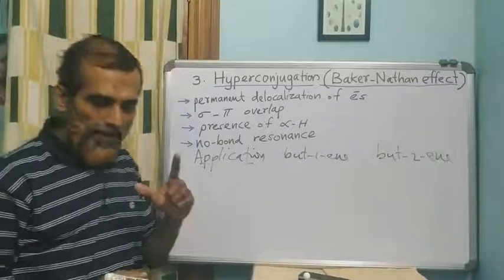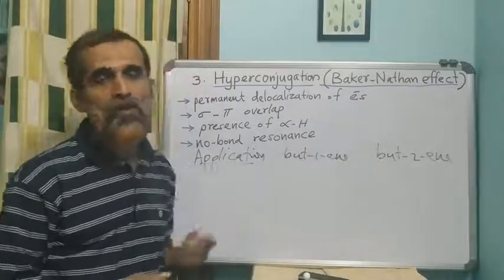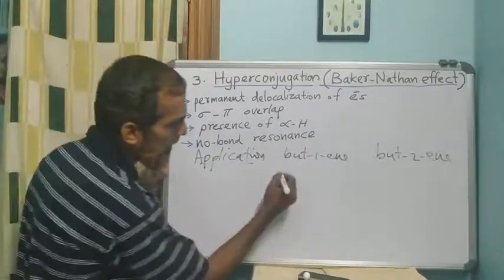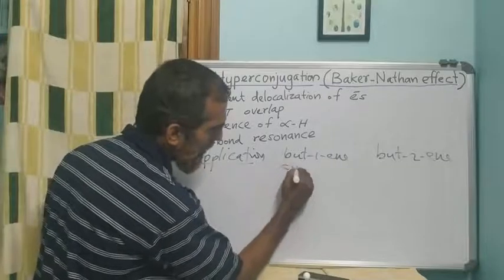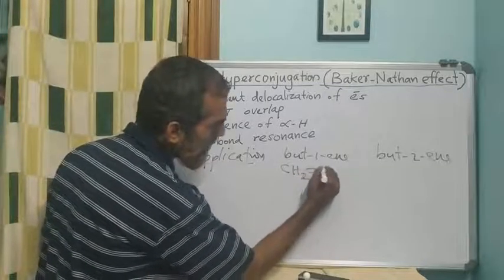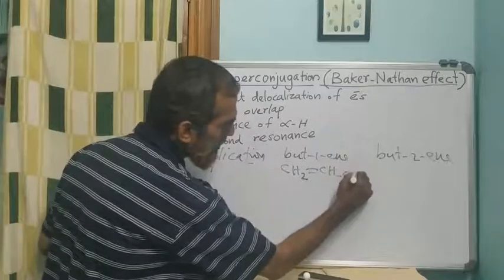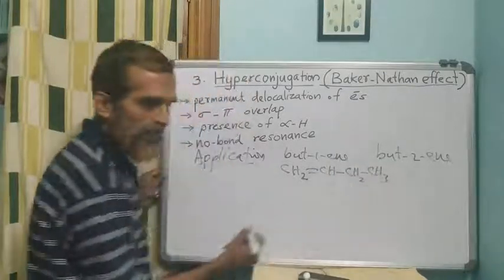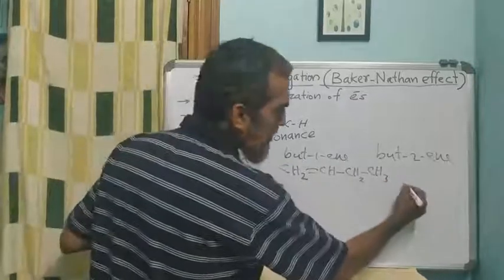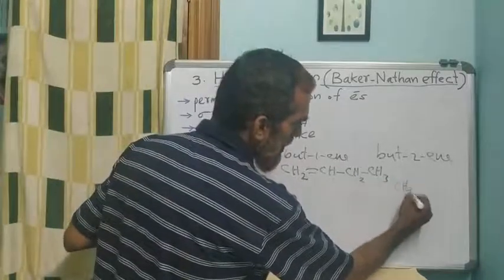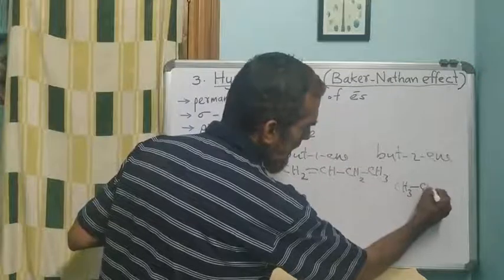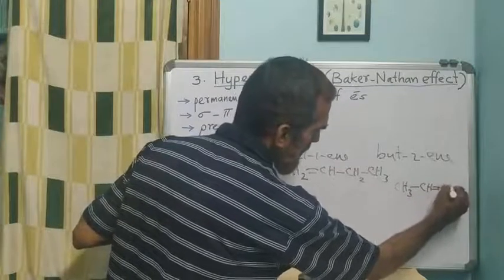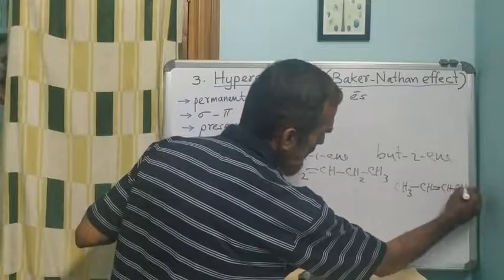We can predict the stability of these two based on hyperconjugation. How? Let's draw the structure. But-1-ene is CH2 double bond CH, single bond CH2 CH3. But-2-ene is CH3 single bond CH double bond CH single bond CH3.